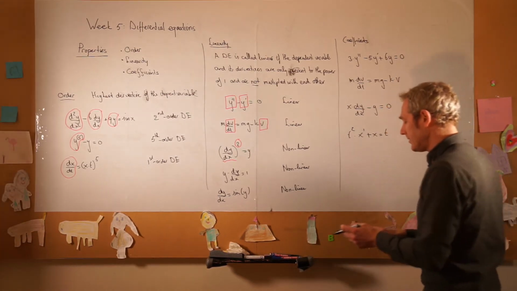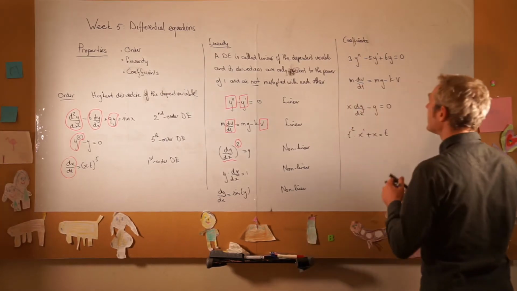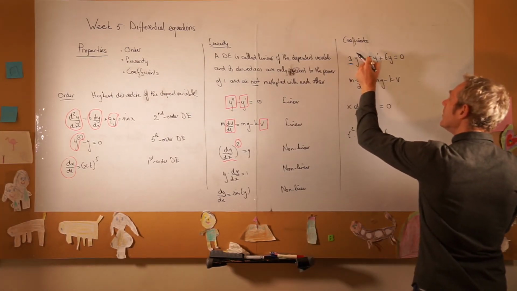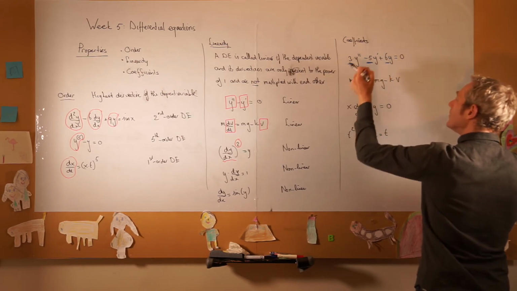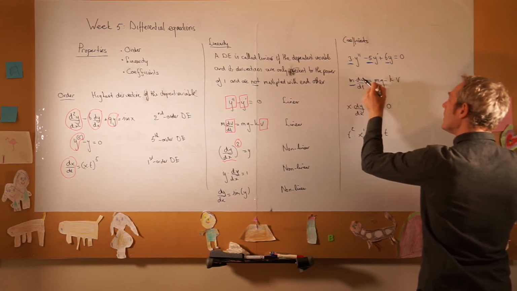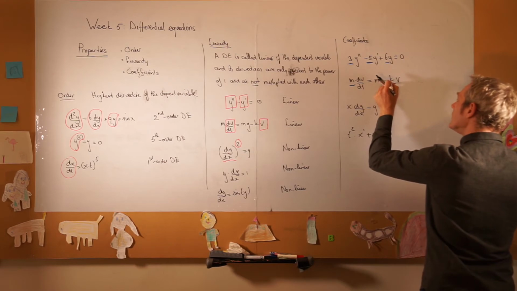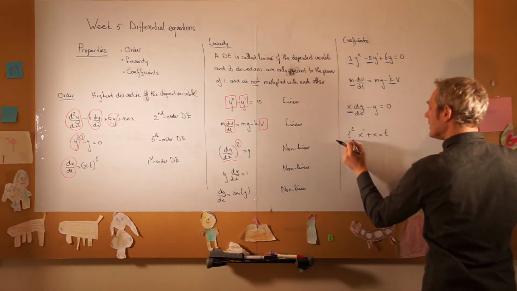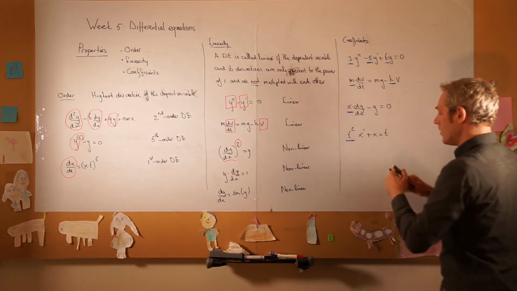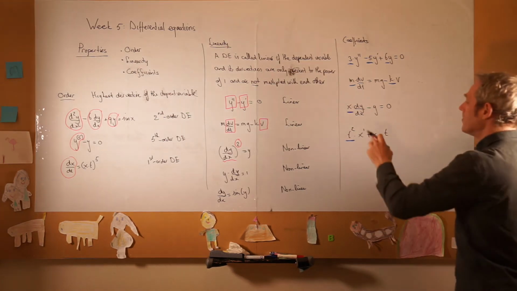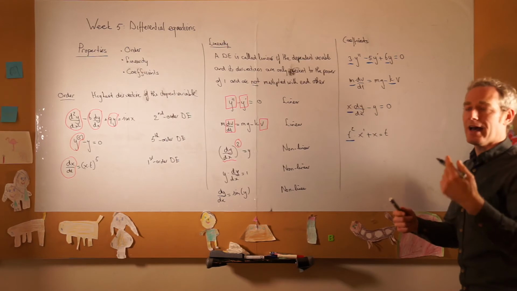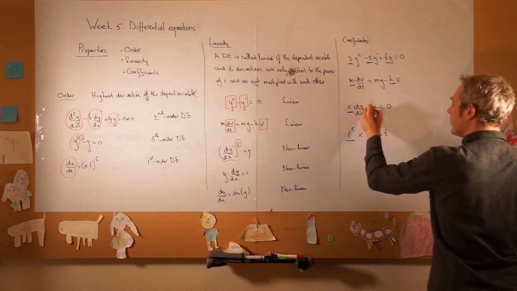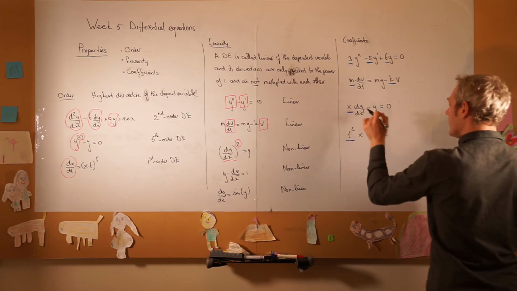But in this case, we're looking at the coefficients of the derivatives of the dependent variable. So these are my coefficients. Again, here's a coefficient and here's a coefficient. So whatever we multiply by the dependent variable and its derivatives. So here, actually we have a 1 here, so this is also the coefficient.